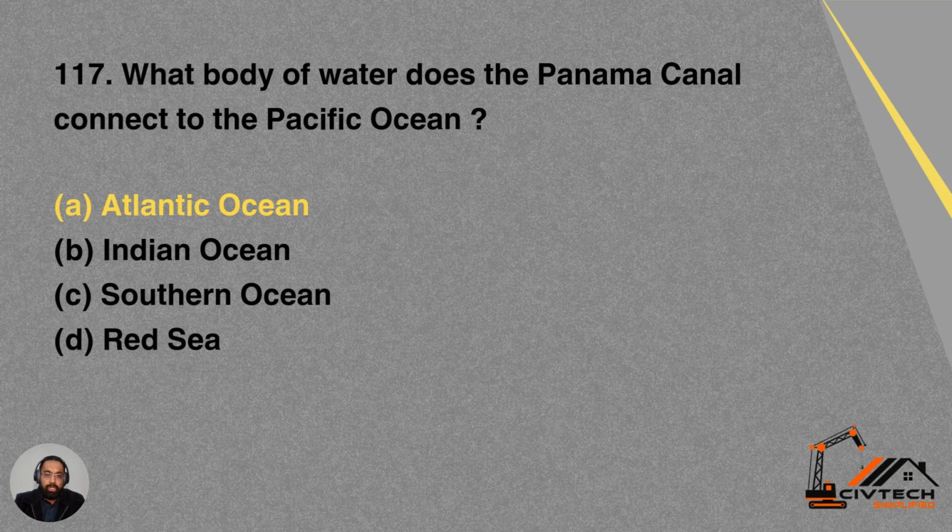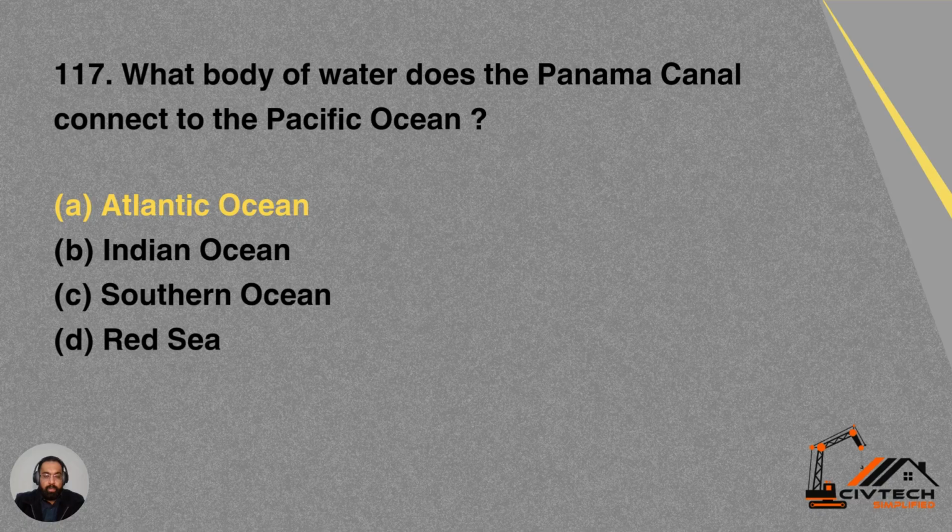So the Panama Canal connects the Pacific Ocean with the Atlantic Ocean, and it is used as an alternative way, and most of the world trade is also dependent upon this canal. You must have heard about this canal in the recent past when there were some conflicts.